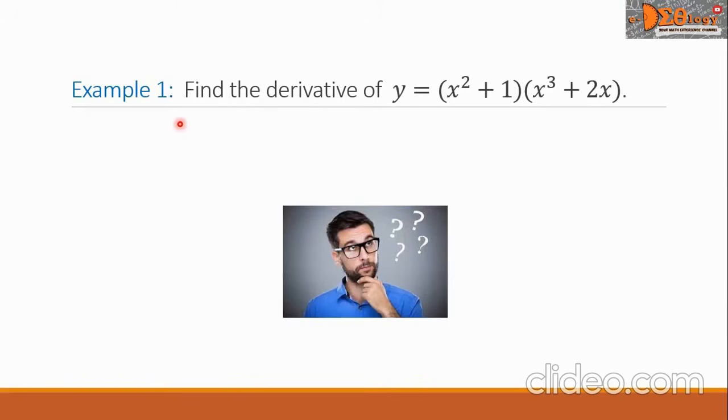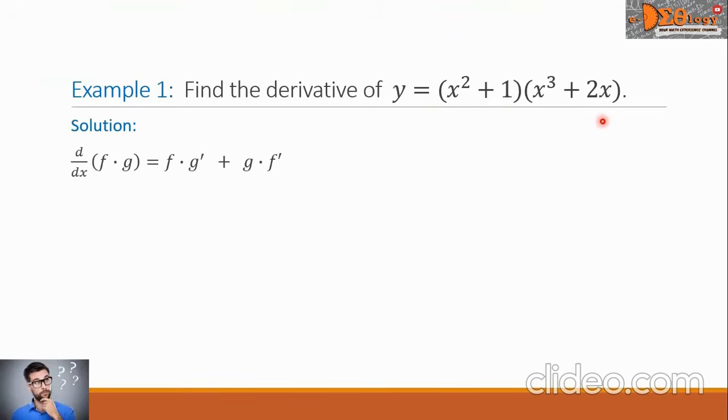Let us see this example 1. Find the derivative of y equals the first function, x squared plus 1, times the second function, x cubed plus 2x. For our solution, let us write the formula of the product rule. And then, let us assign the first function to be f, while g is the second function.